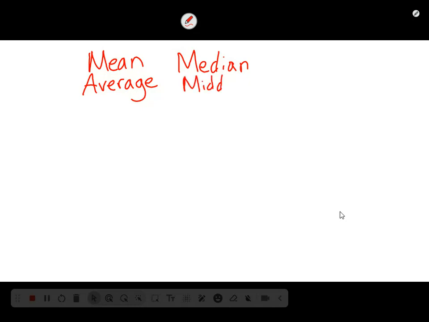We need to arrange all of our numbers in order from least to greatest. You look to the middle. Can we ever have two numbers be our median? Well, I see some people saying yes, some people saying no. Well, you can't have them both. Harper? So you can have two, but that would be even.